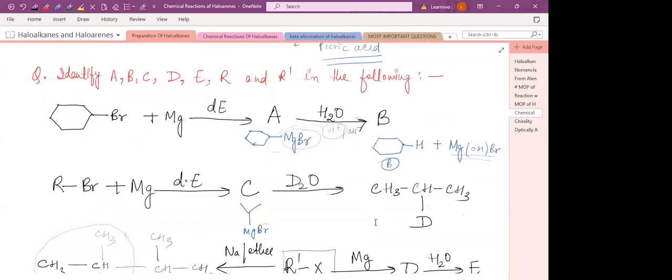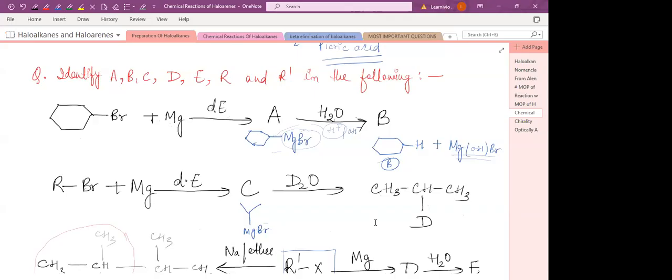This is a very important question. You can see this type of question in your exam. So just remember the concept and revise all the concepts thoroughly, then only you can do the question.